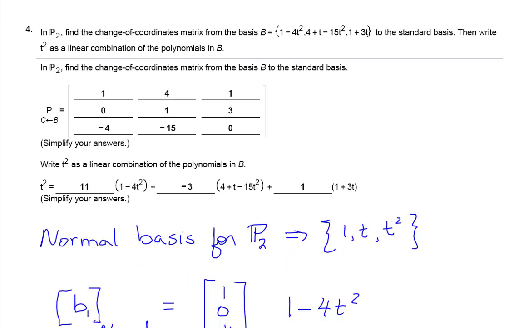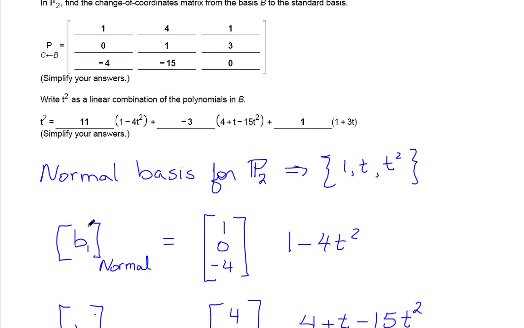In question 4, we want to find a change of basis where in P2, the set of polynomials of degree 2, we'd like to go from this basis to the standard basis. Well, remember that the standard basis looks like 1, t, and t squared. So if I take my basis vectors in B, what would they look like in the normal basis?